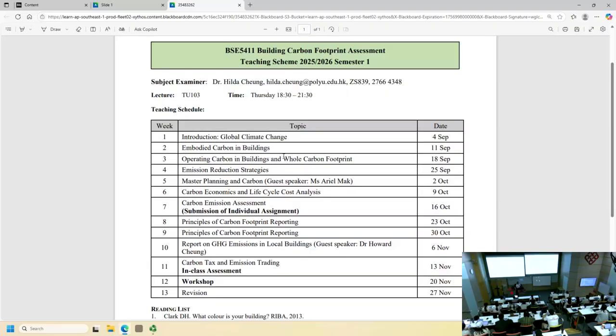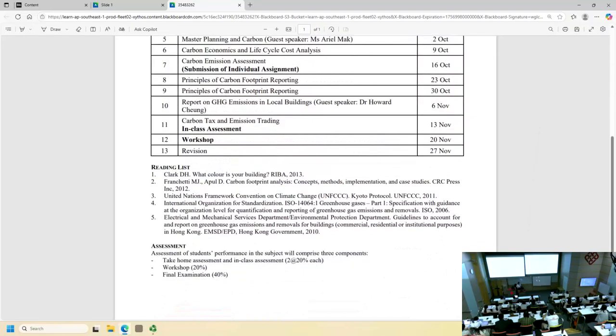Now the assessment scheme. The take-home assessment, which is the individual assignment, will have 20% of the weighting. The in-class assessment, which is the test in week 11, is another 20%.